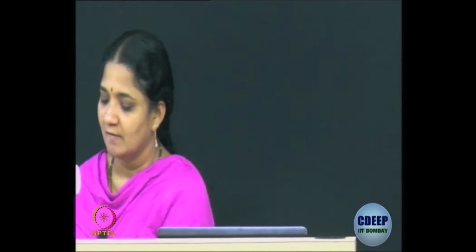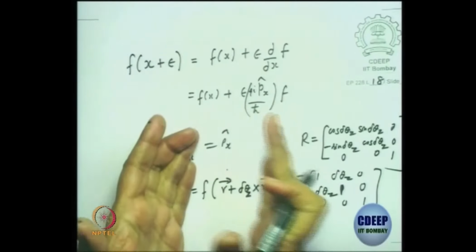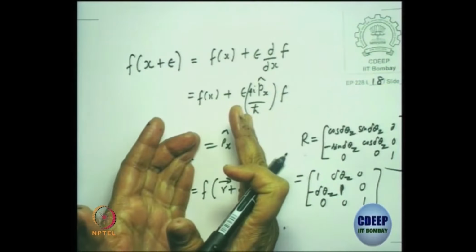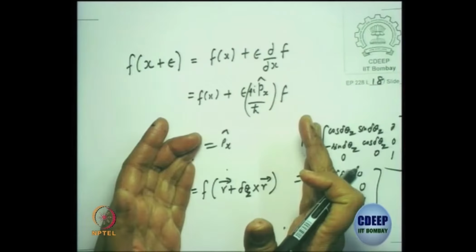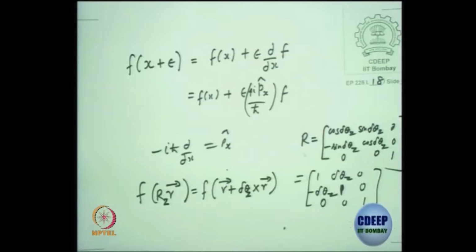If you do a Taylor series expansion, the first term will be f of r. The second term can be written as, this I want you to do yourself, but you can try and fiddle around and see what the second operation can be written as, and you will see there will be an angular momentum operator.